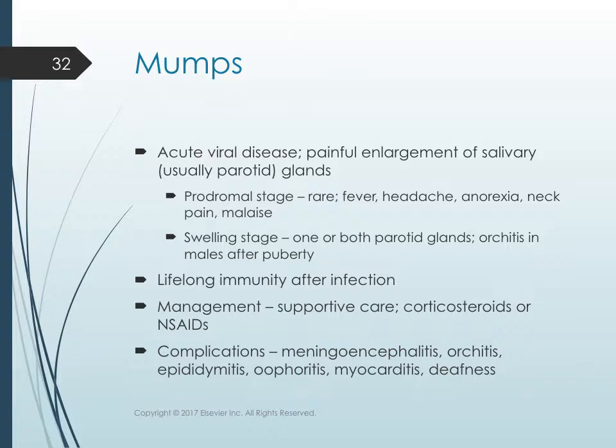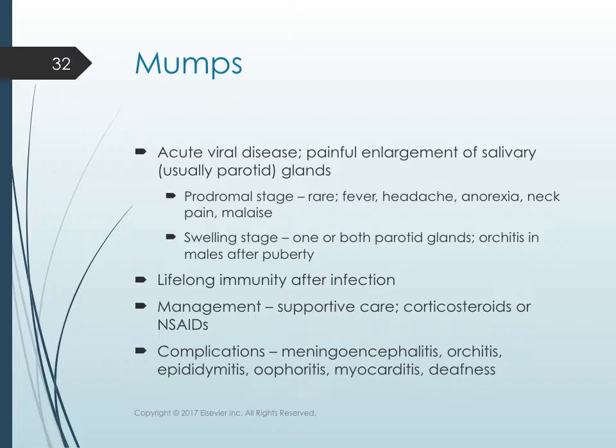Moving on to the mumps. Again, another vaccine preventable infection, and one which is prevented through the MMR vaccine. Mumps is an acute viral disease. It usually manifests as painful enlargement of the salivary, generally the parotid glands.